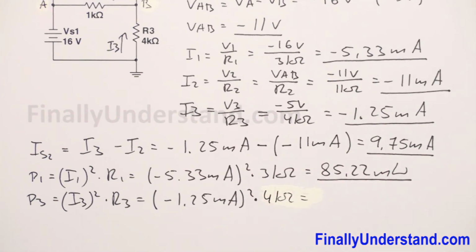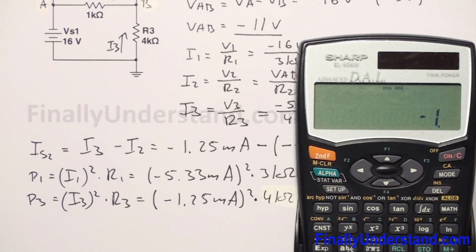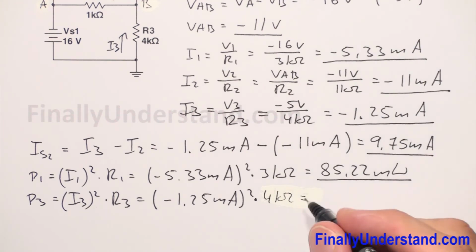This is equal to negative 1.25 times 10 to the negative 3, squared, times 4 times 10 to the 3. This is equal to 6.25 milliwatts.